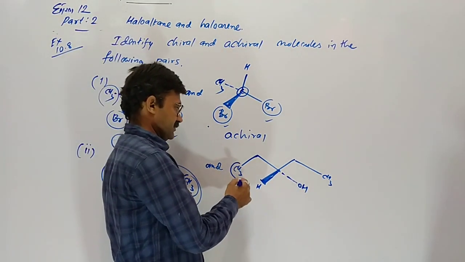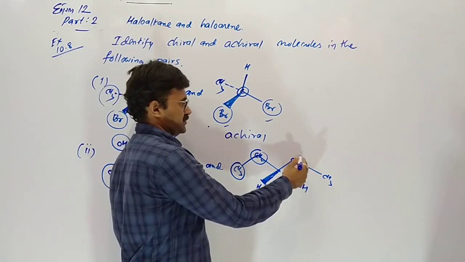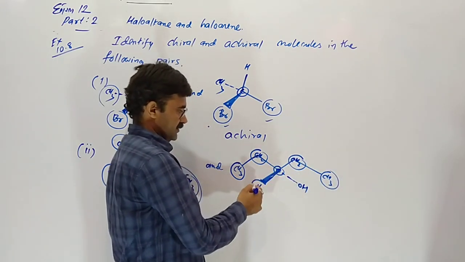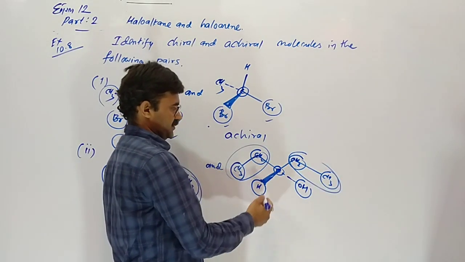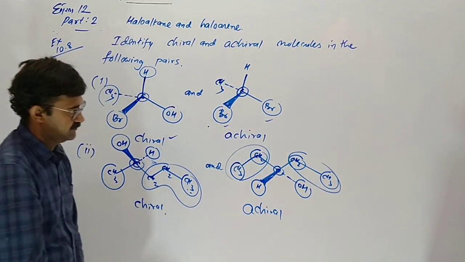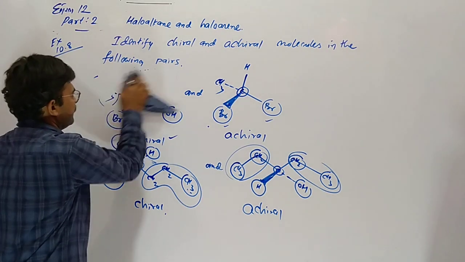What about this CH2? 2 hydrogens same. CH3, no. What about this carbon? H, OH, but these 2 side ethyl groups are the same. So this one is achiral. It is not an optically active compound.